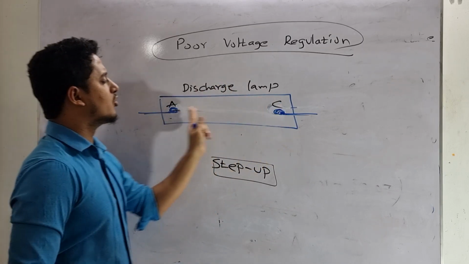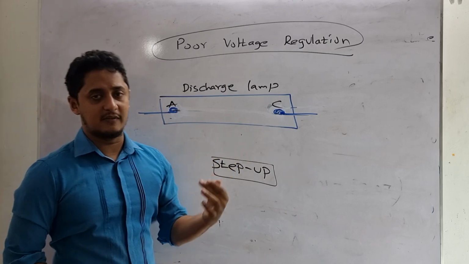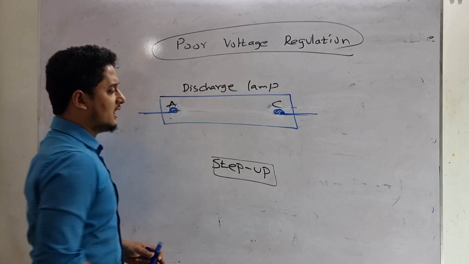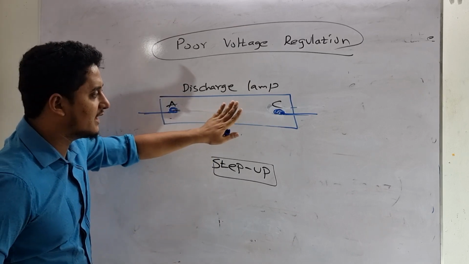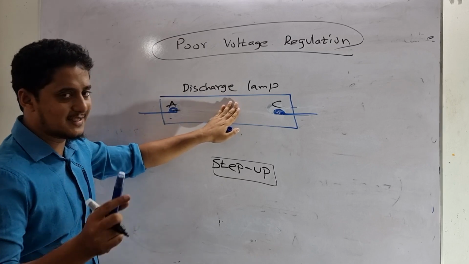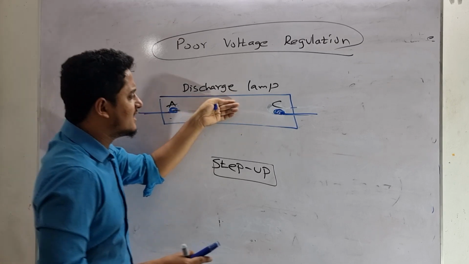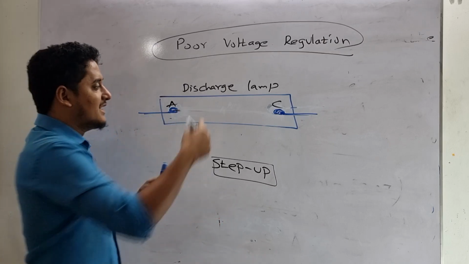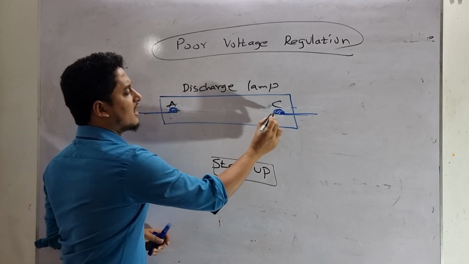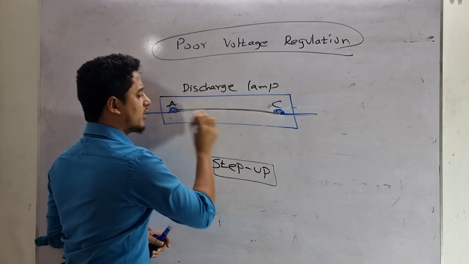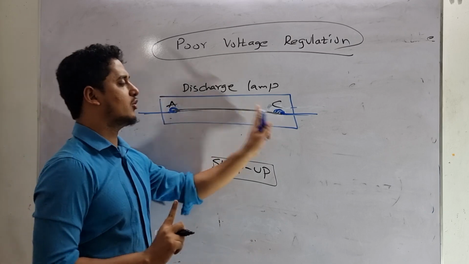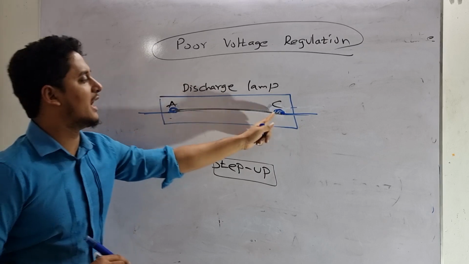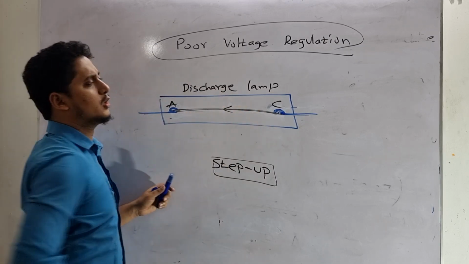From the anode to the cathode we have to generate the current, but to generate the current we have to ionize the gas. To ionize this gas we are using high voltage. If you ionize this gas, then there will be a current flowing from anode to cathode.